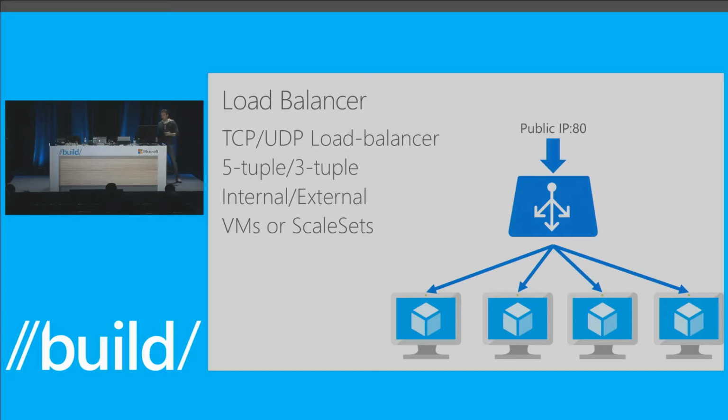You can do TCP or UDP load balancing, and it's a 5-tuple or a 3-tuple. 5-tuple means it decides where to send the traffic based on 5 parameters: the incoming IP, the incoming port, the destination IP, the destination port, and the protocol. The only ones that really matter are the incoming port and incoming IP, because all the rest are pretty much constant. That decides which machines to send the traffic to.